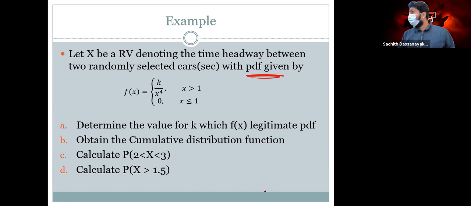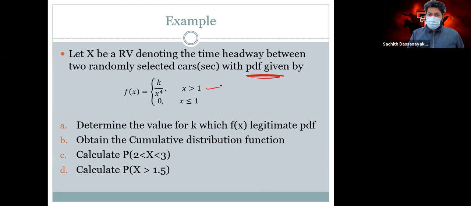So you know what PDF means, right? If it is a legitimate PDF, it satisfies two things, right? f(x) greater than or equal to 0 for all x. What's the other one? From its beginning to its end, the integral is equal to 1, right? Clear? Okay. This PDF, what is the range of x?